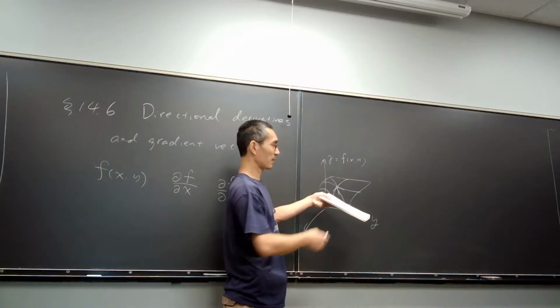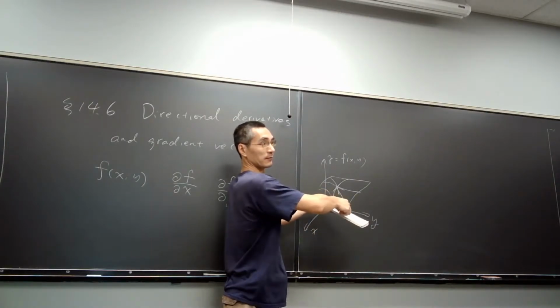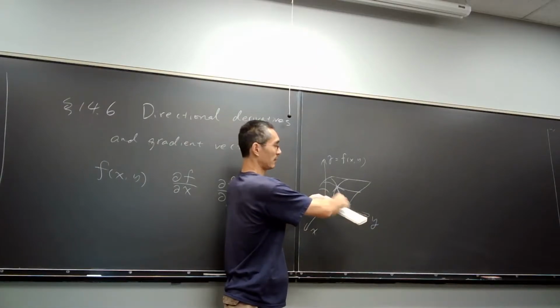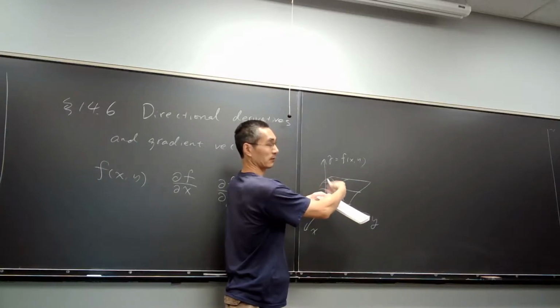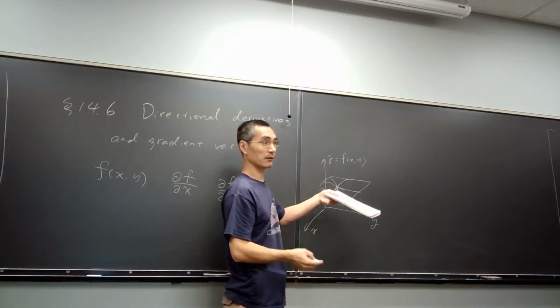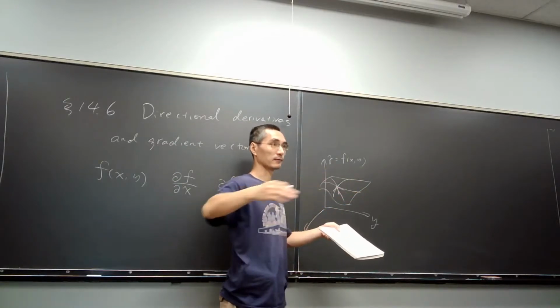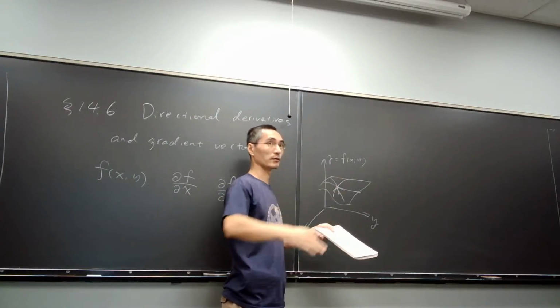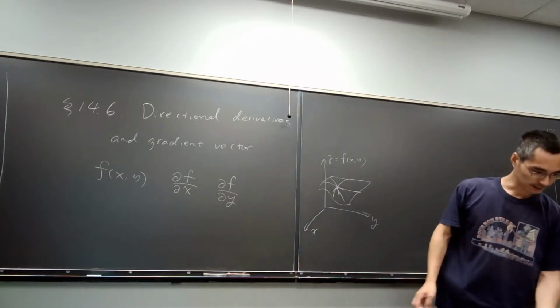In particular, there will be a direction where it's horizontal, which means the slope is 0. And there is another particular direction with the steepest ascent or descent, like on a mountain. You can always find a direction along the contour line, where you are not going up or down. So let's talk about these things today.